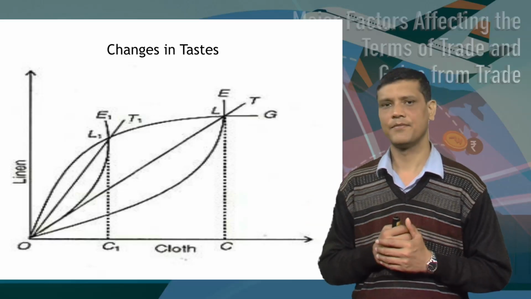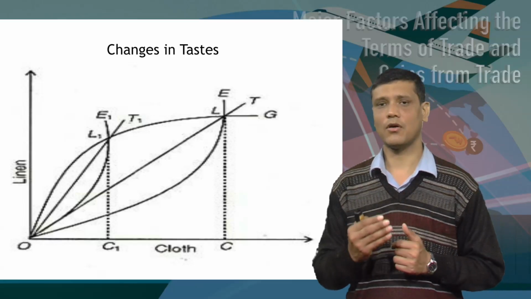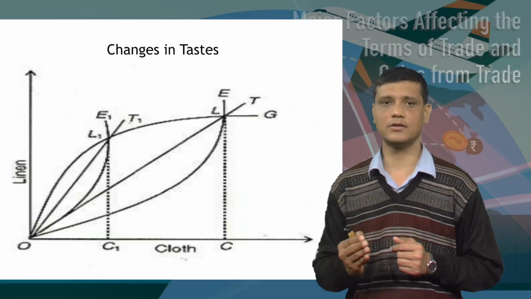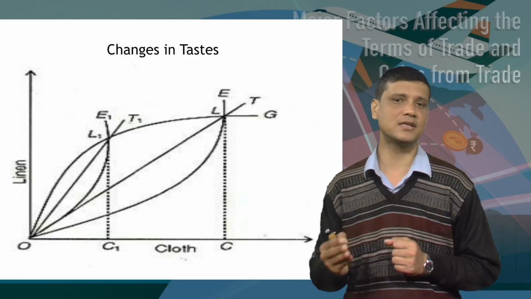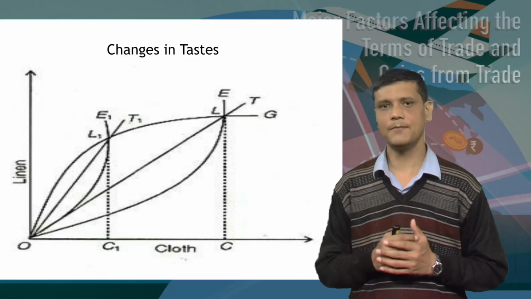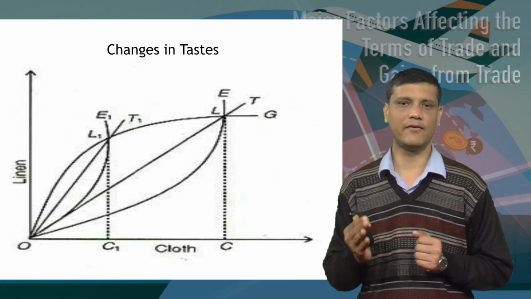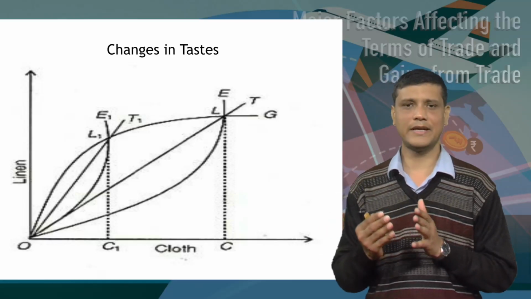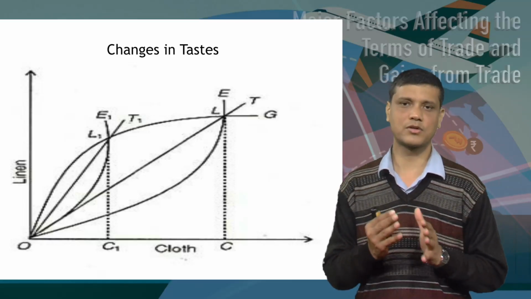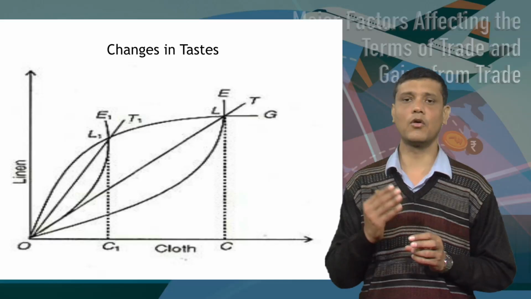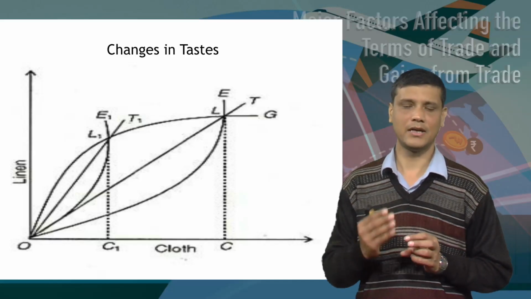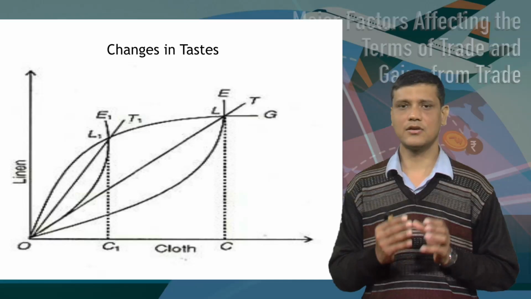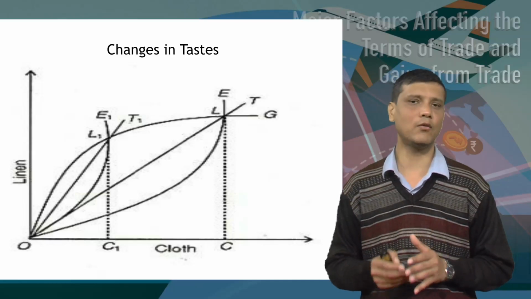As a result, England exports only OC1 of cloth in exchange for C1L1 of Germany's linen. Obviously, England's terms of trade have improved, for now it exchanges less cloth, OC1, for more linen of Germany, that is C1L1. That is, OC1 is smaller than C1L1.